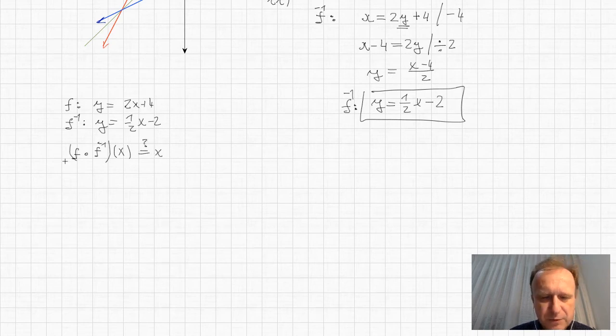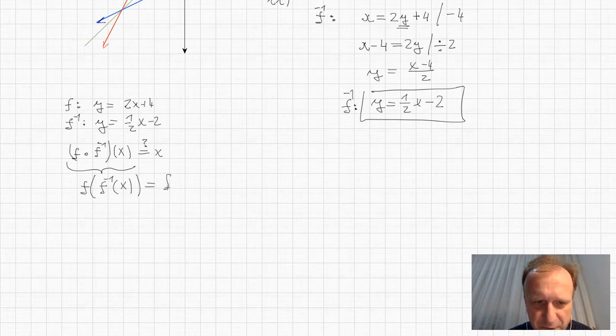To do it, I'll just rewrite this. You may remember that this means f of f inverse of x. We start from the inner part: f of f inverse of x, and for f inverse you use the formula 1/2 x minus 2.